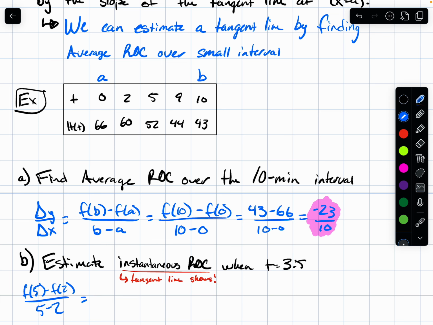By plugging stuff in, I'm going to get 60 minus 52 over 3, so 8 over 3. That would estimate my instantaneous rate of change, because I'm over a small interval. In theory, if I made this interval even smaller and smaller, it would get better and better. That's a calculus topic, something we're also going to talk about a little bit this year in limits.